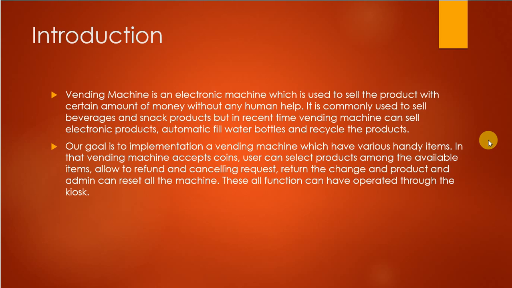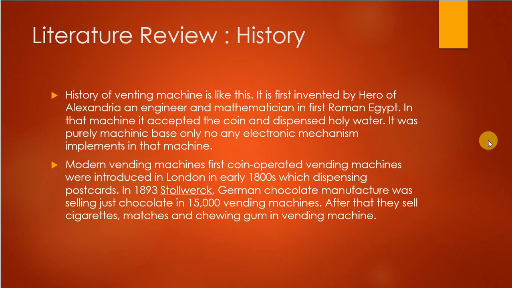The machine checks that the money equals the product's price and gives the change back to the customer. Also, the admin can use a function to reset all functions of the machine.